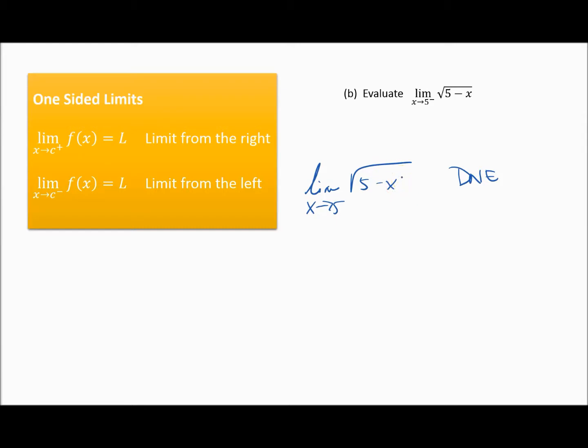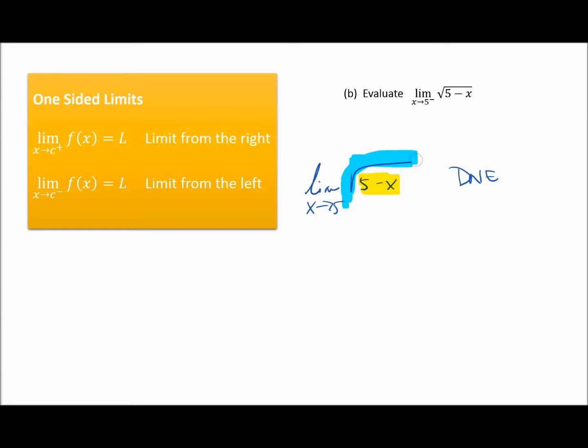Now, we have a property back in section 1.3. It's the composition theorem that says if the inside function has a rule for taking the limit, and that's just, without the square root now, that is just a linear equation, and you're allowed to plug the 5 directly in. Now this is a composite function because of the square root part.